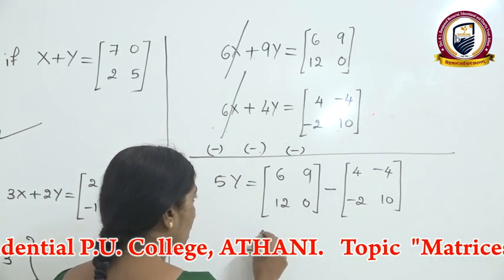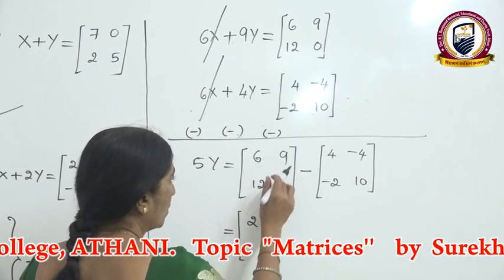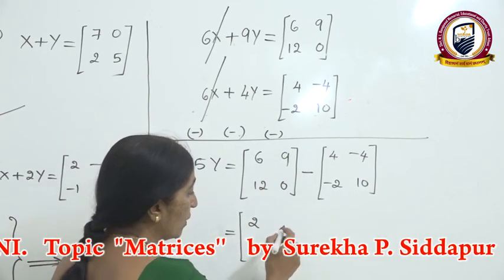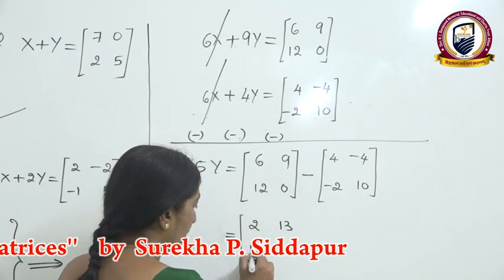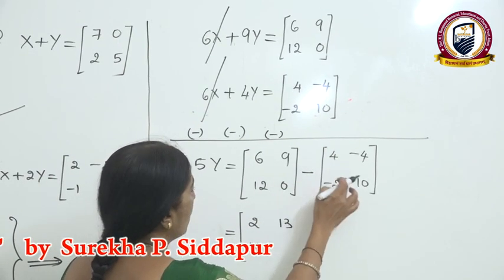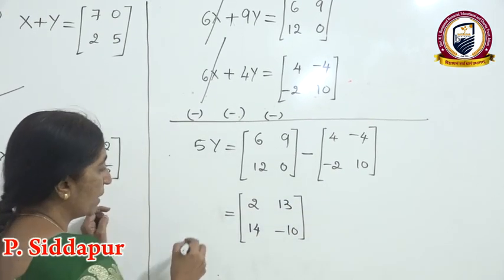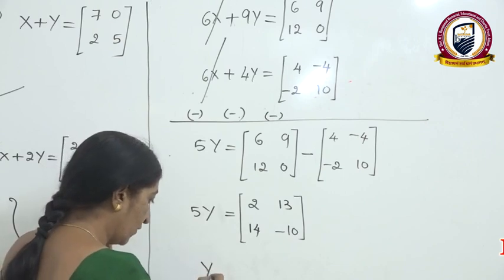Yes, corresponding elements. 6 minus 4, 2. 9 minus, into minus plus, 9 plus 4 is 13. 12 minus, into minus plus, 14. 0 minus 10. So what is it then? This is nothing but 5y. Then what is the y value?